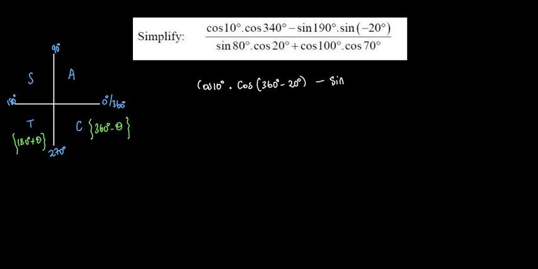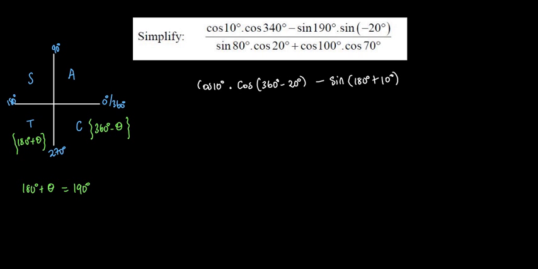Another way is 190 minus 180, or you do the longer method I showed you: 180 degrees plus theta is equal to 190 degrees, and solve for theta. So now we write this as 180 degrees plus 10 degrees.